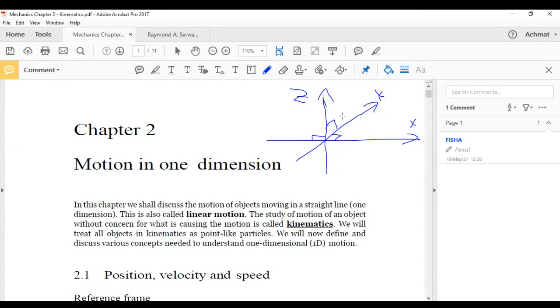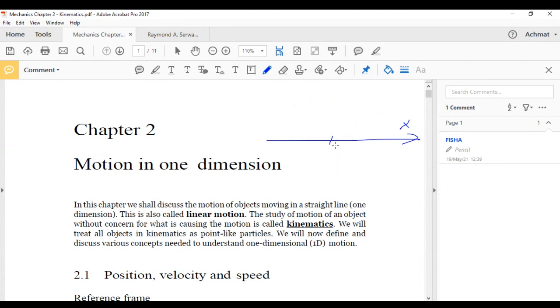We are dealing only with one-dimensional motion. So if we just consider motion along one axis, any motion that takes place will be along that line, forwards or backwards, but only on that line.